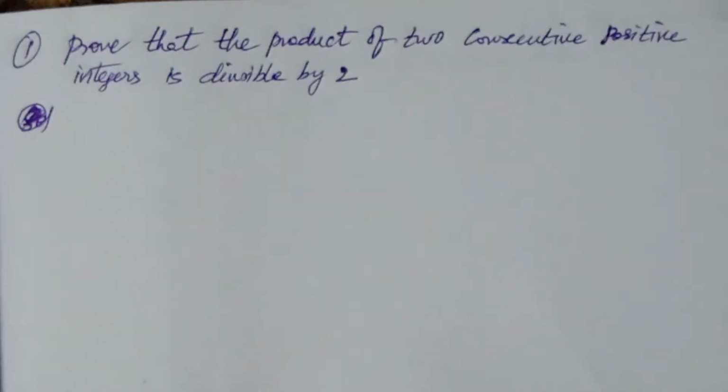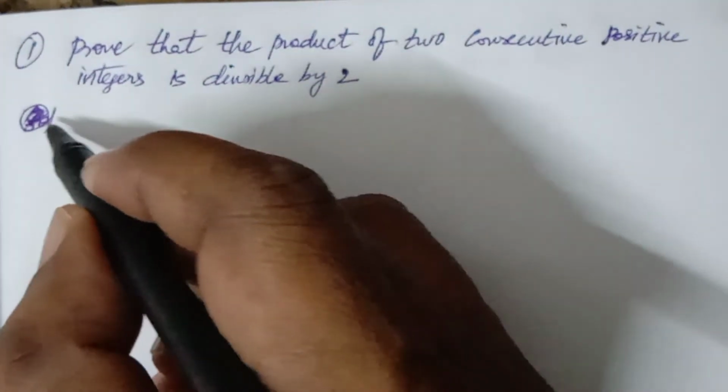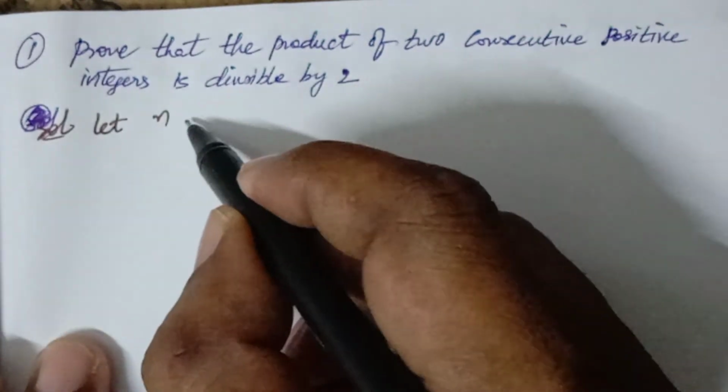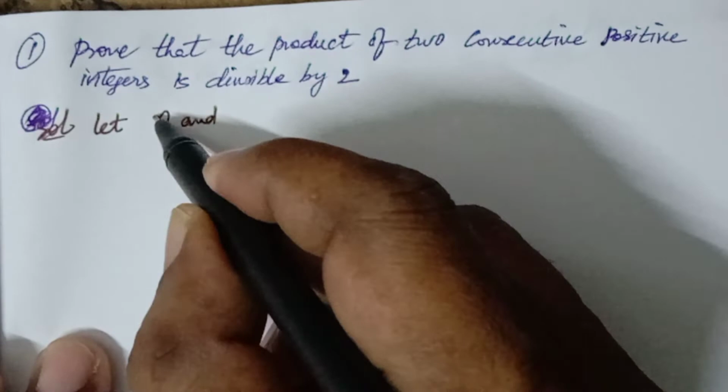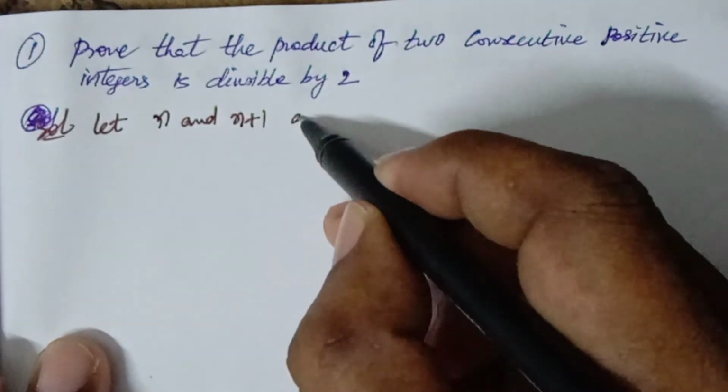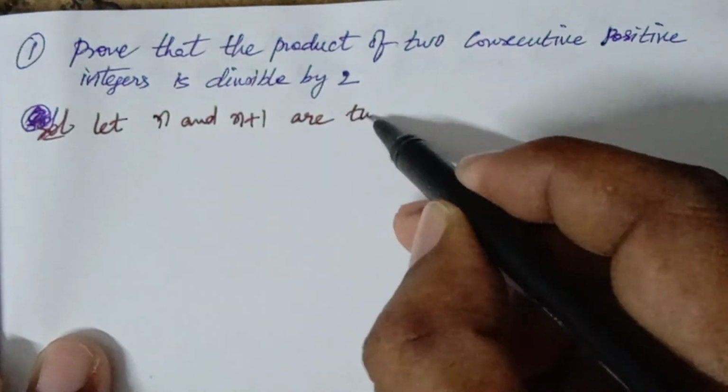So here we have to take a solution. Let n and n plus 1 be two consecutive positive integers.